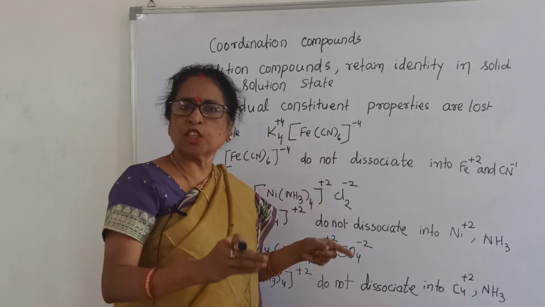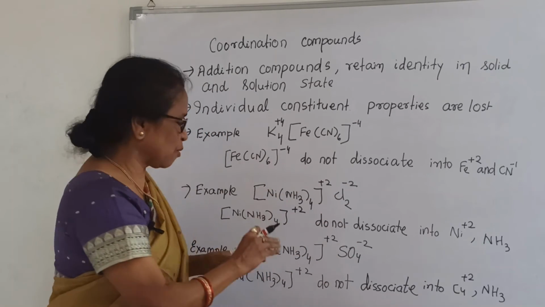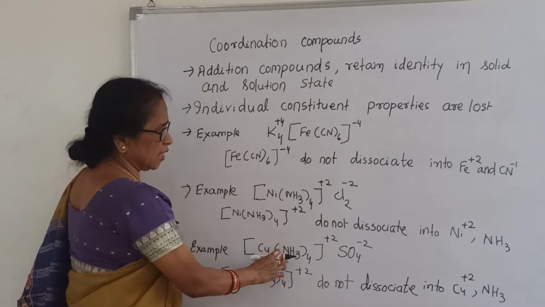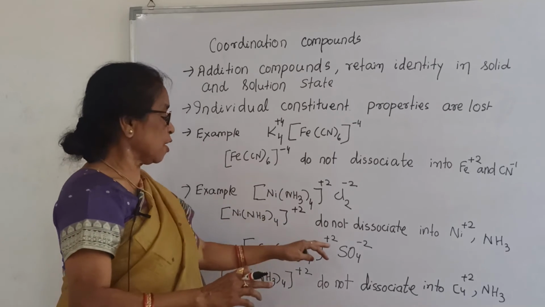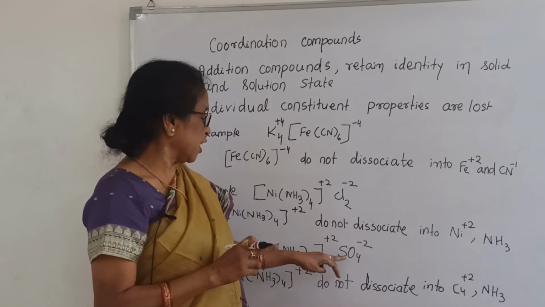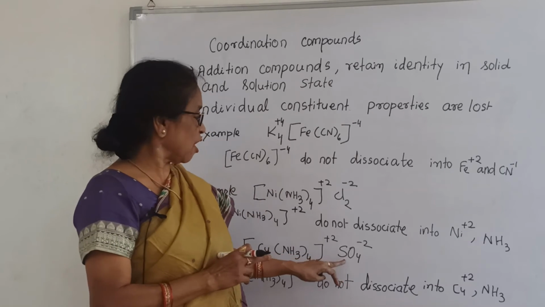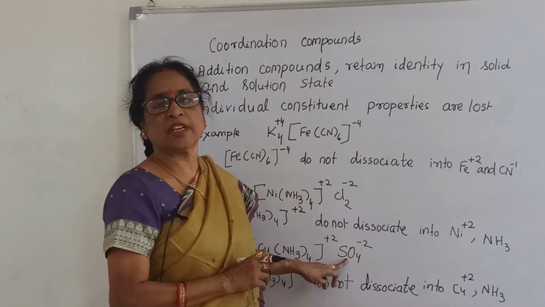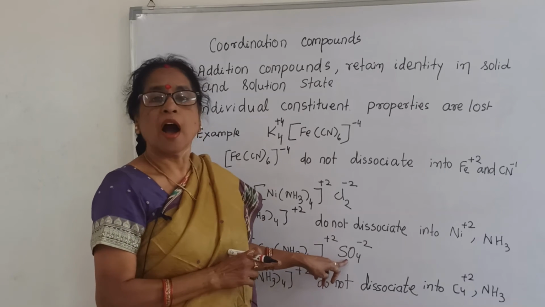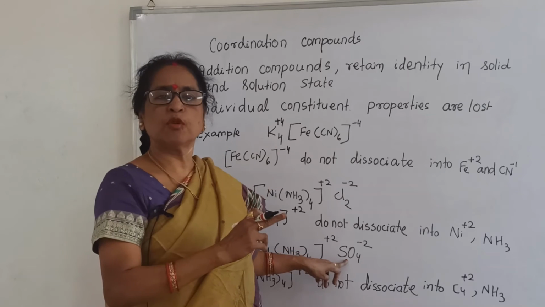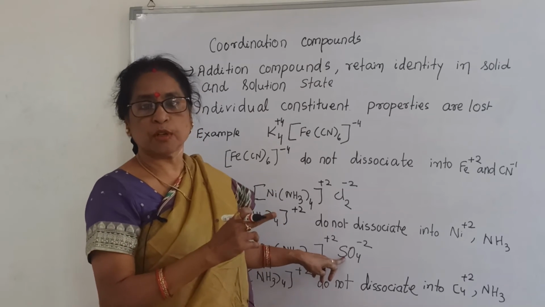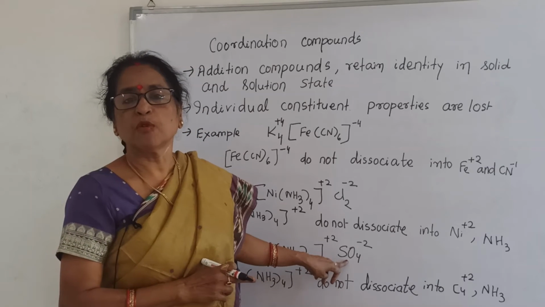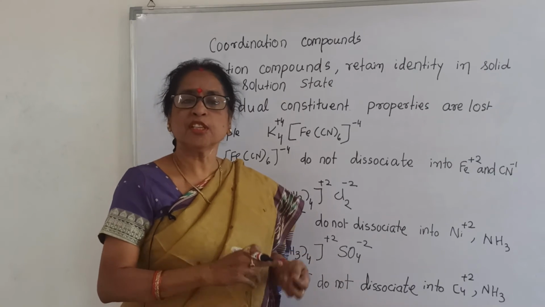It never dissociates into Cu plus 2 and NH3, but it shows the acid radical property of sulfate. When treated with barium chloride solution, it gives a white precipitate. That means 1 mole of sulfate ion is present, because 1 mole of barium sulfate is produced.